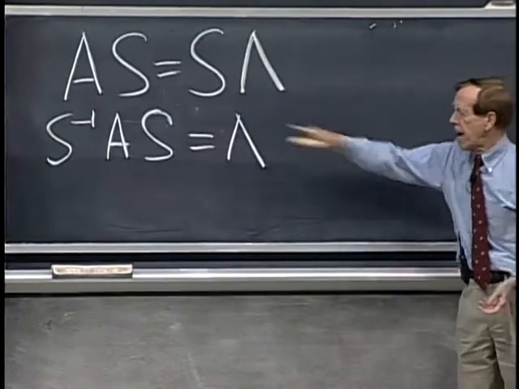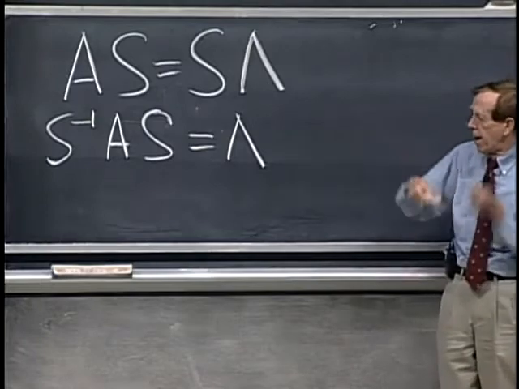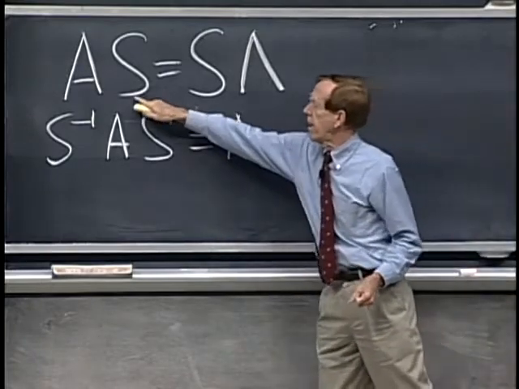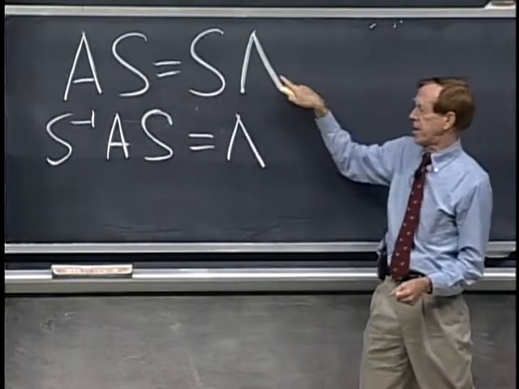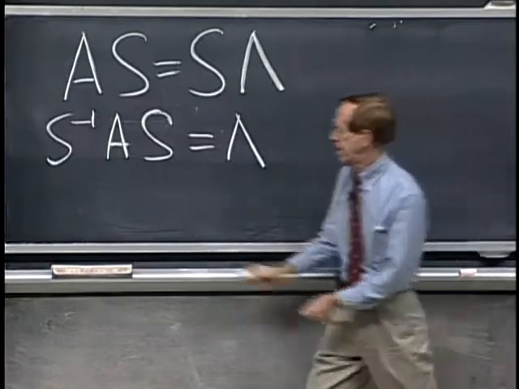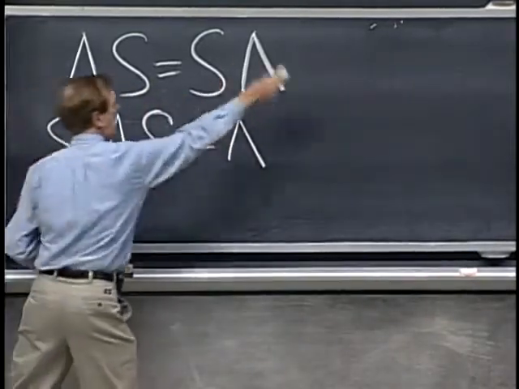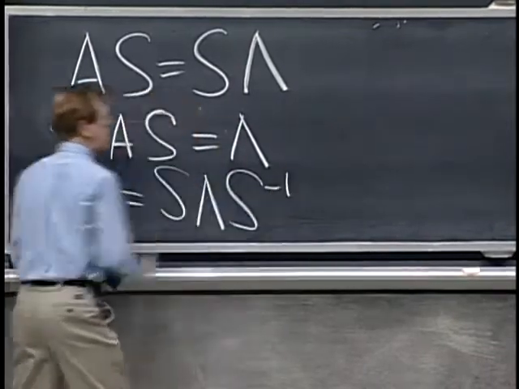This is diagonalization. I could also write it, and I often will, the other way round. If I took this equation at the top and multiplied on the right by S inverse, I would have A left here. Now S inverse is coming from the right.